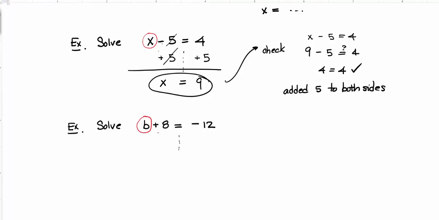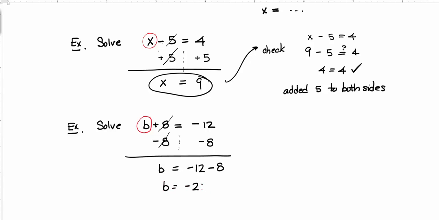I'm adding 8 to b, so if I want to get rid of that 8, I have to subtract 8 from that side. If I do that, I have to subtract 8 from this side. So now my plus 8 minus 8 goes away, and I'm left with simply my b by itself, which was my goal. And I have negative 12 minus 8, where b equals negative 20.